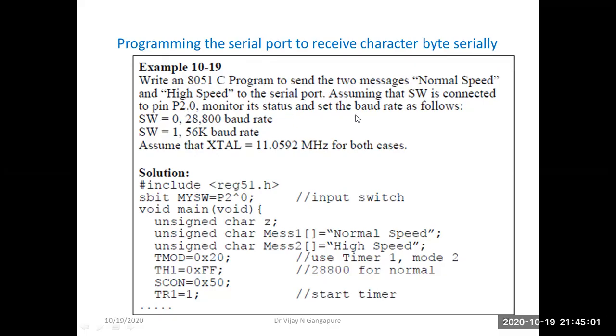Monitor its status and set the baud rate as follows. If the switch is equal to 0, set the baud rate to 2880, and if the switch is 1, then set the baud rate to 56k bits per second.